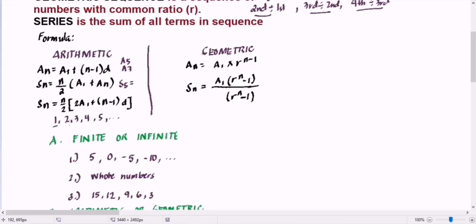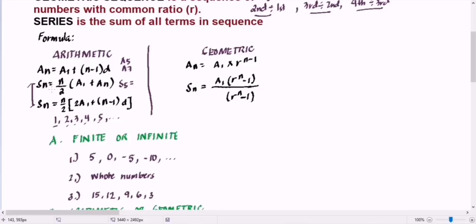This is our first term, second, third, fourth, fifth. Pag sinabi natin S sub 5, kung gusto natin malaman yung total ng 5 terms, i-add lang natin yan, or pwede kang gumamit ng formula na to, or ito. Dalawa kasi pwede mong gamitin formula.